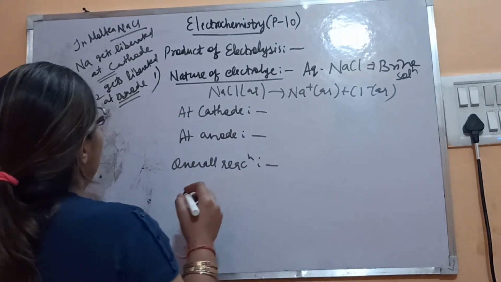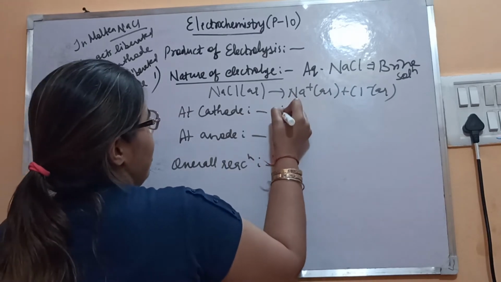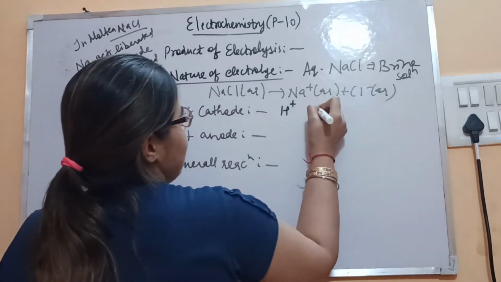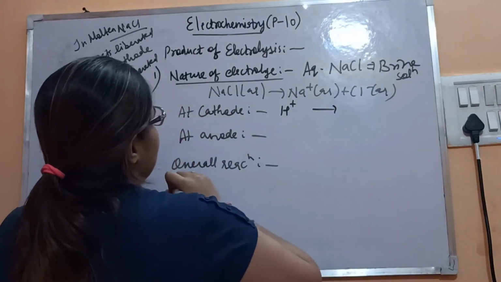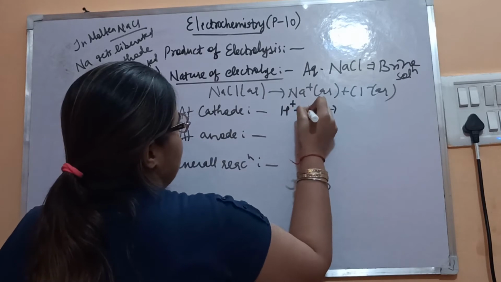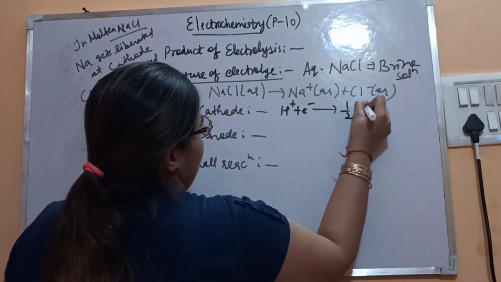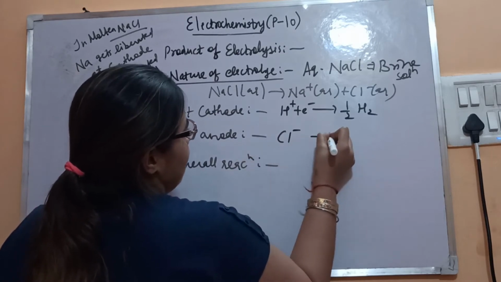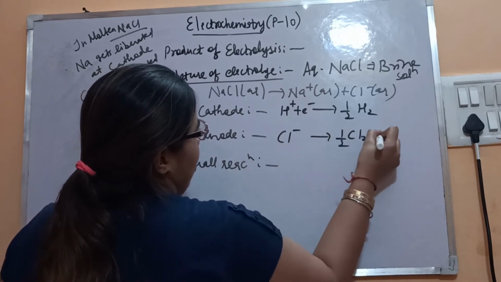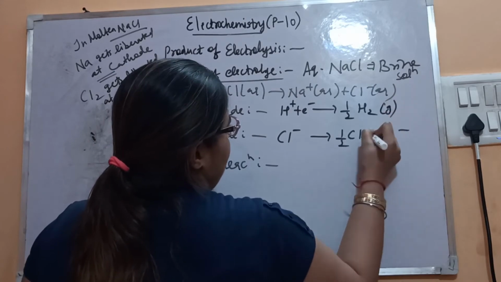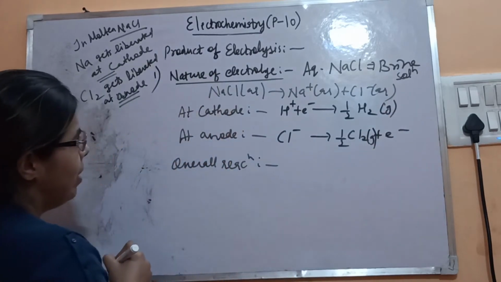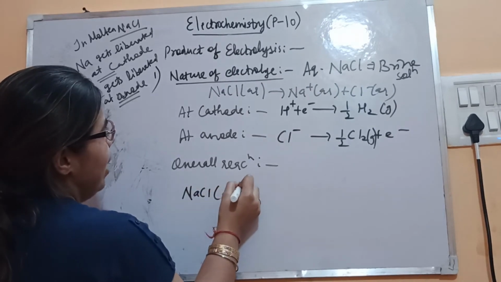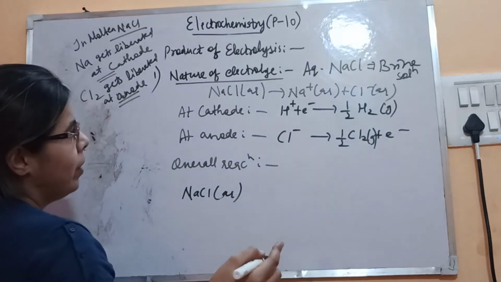So at the cathode, what we have seen? Hydrogen gas has evolved. And at the anode we have seen chlorine gas has evolved. Fine. What is the overall reaction? Just add NaCl aqueous, add all three. Whatever is going to cancel, cancel it.